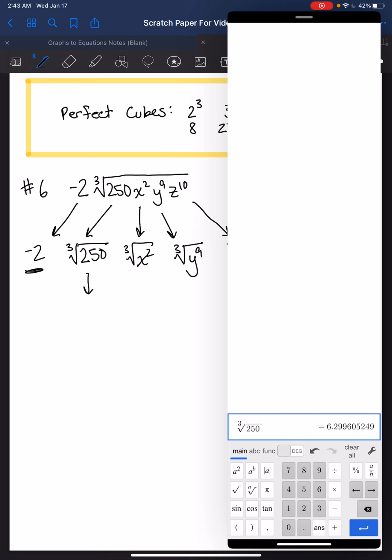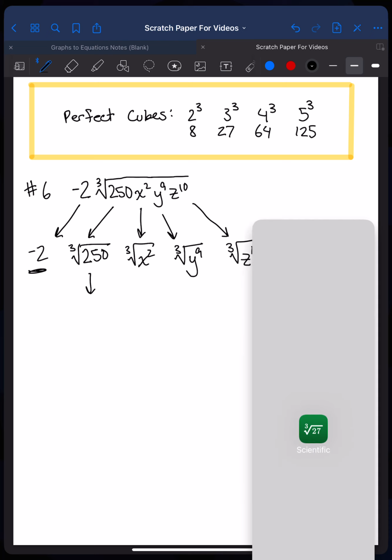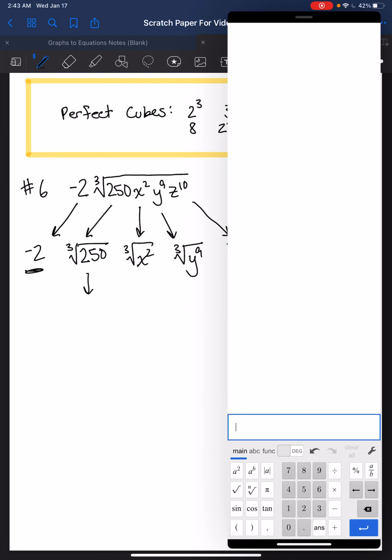250 is not a perfect cube, so we need to find the perfect cube that I can divide by to break it down. So the biggest number on my list is 125. So let's divide 250 by 125 to see if it works.